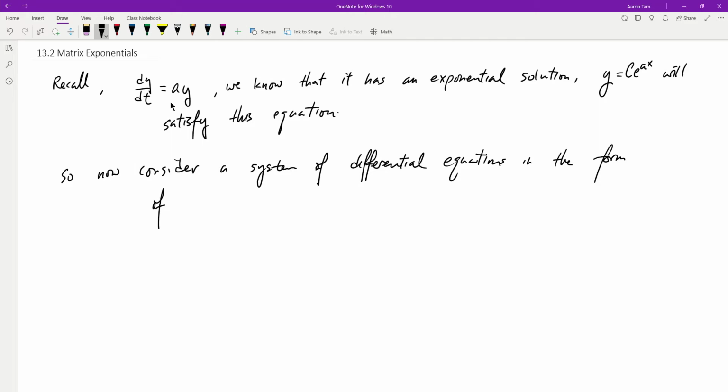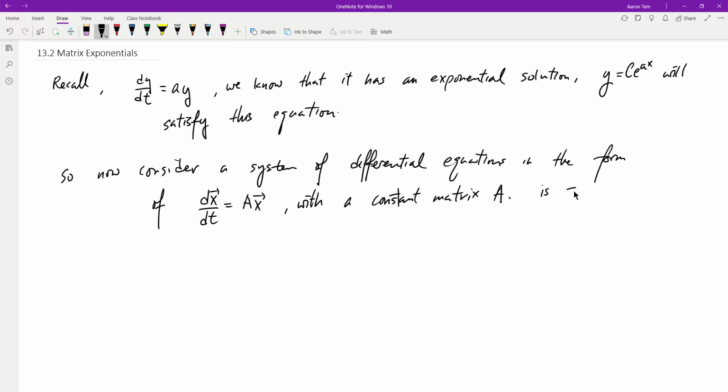Okay, in the form of d vector x over dt equal to A vector x with a constant matrix A. Notice that this equation is very similar to the equation on top, except that I changed the y to vector x, and because of that our A, which is a scalar, now becomes a constant matrix A. Would it be nice if we can find an exponential solution for this equation also?